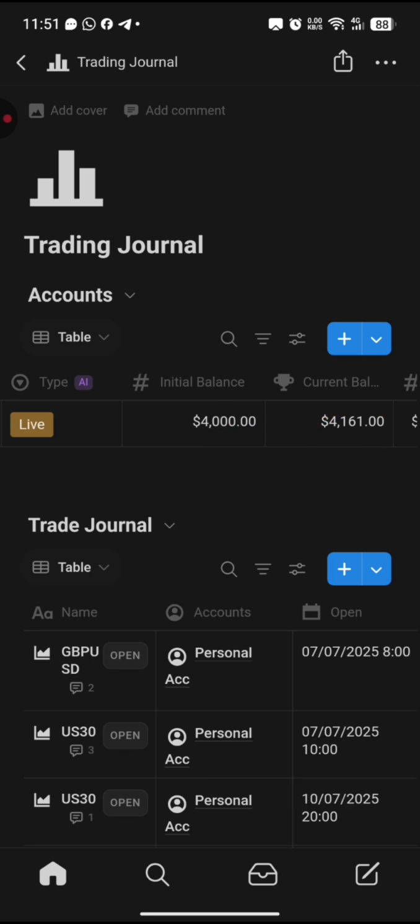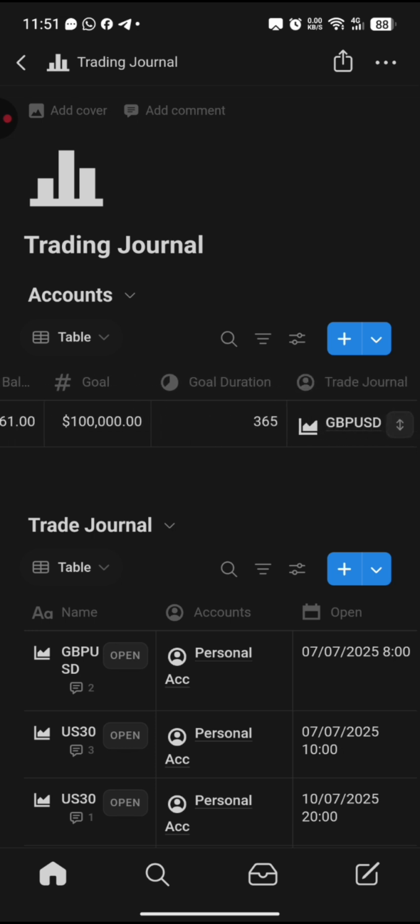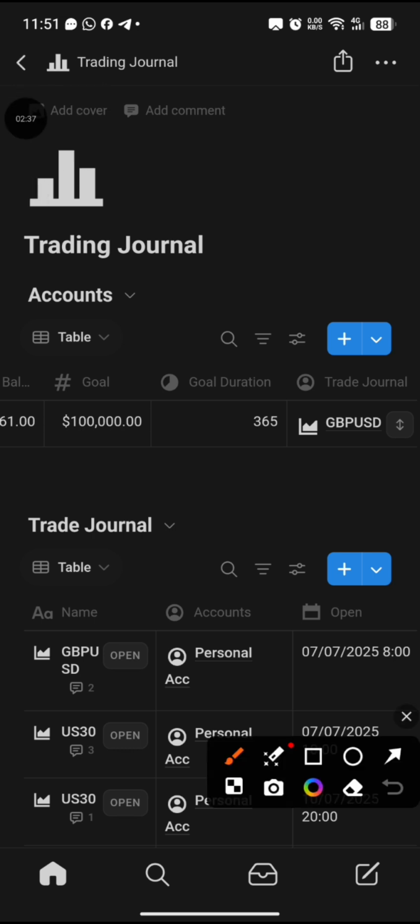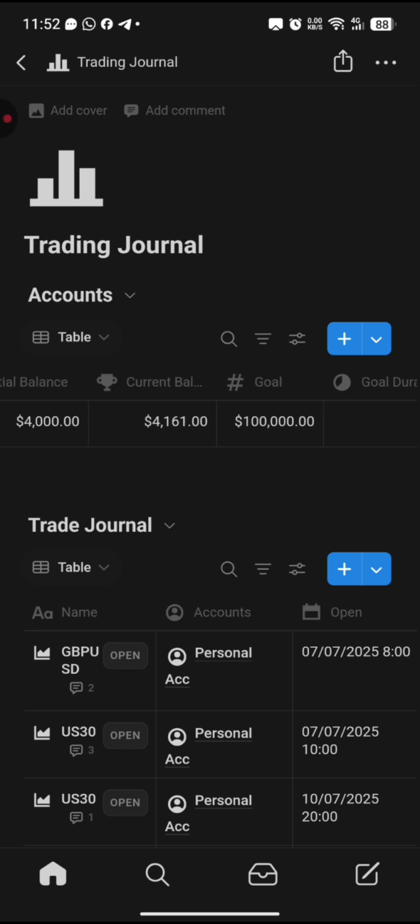So that is it. Now, what is the goal? The goal is to make 100,000. In what duration? The goal duration is 1 year, 365 days. As you can see over here, this is the goal of the account. So we are building this account to that within a year.